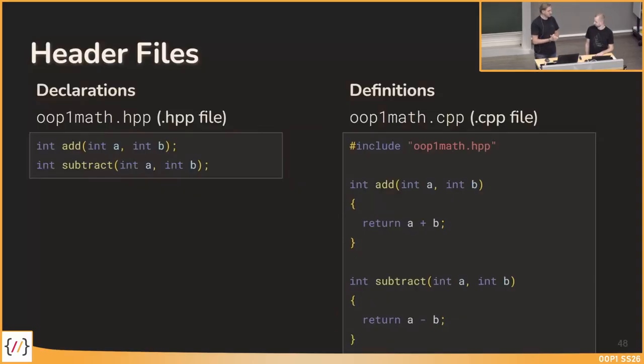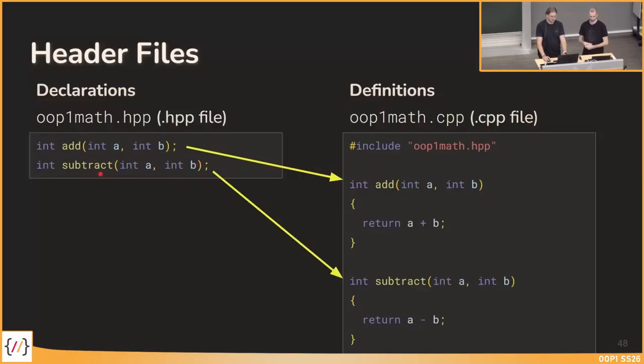Quite useful, quite common in C++, also when you're working with classes, and you will do this a lot. So for every class, basically we have two files, one header file, one HPP file, and one implementation file with the CPP file. Exactly, yeah. So this declaration here then maps to the definition in the CPP file, and the same for the second function, the subtract function. This then maps to the actual implementation of this function.